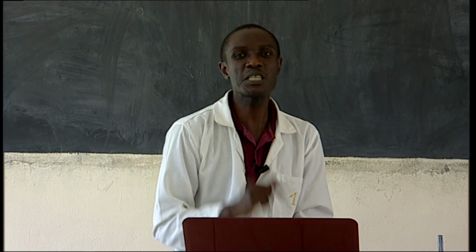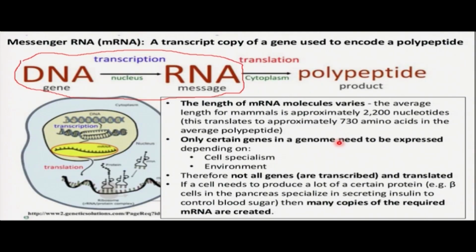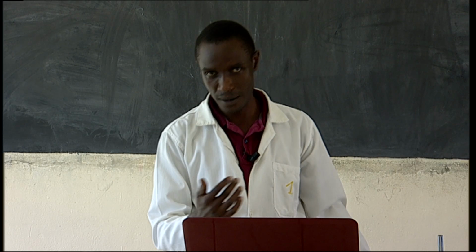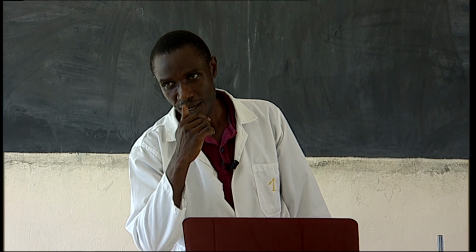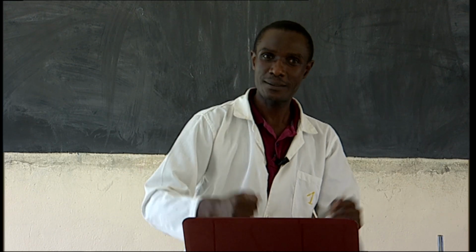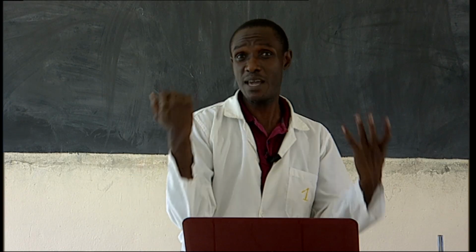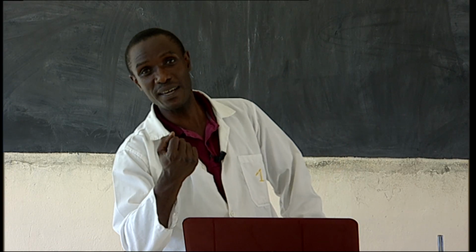So only certain genes in a genome need to be expressed. Back to the previous lesson, gene expression, when our information is transformed into who we are. Then we're expressing what we have inside. Some people express their emotions and they express their anger by fighting.